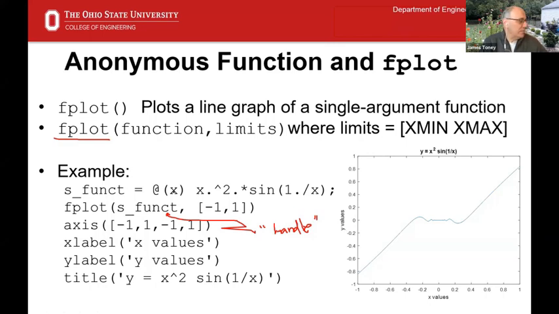Whenever you create an anonymous function, this name, it's really what's called a function handle, just a pointer to the function. That's what this @ does. And then you put the range of x values. Okay, that's what this is.